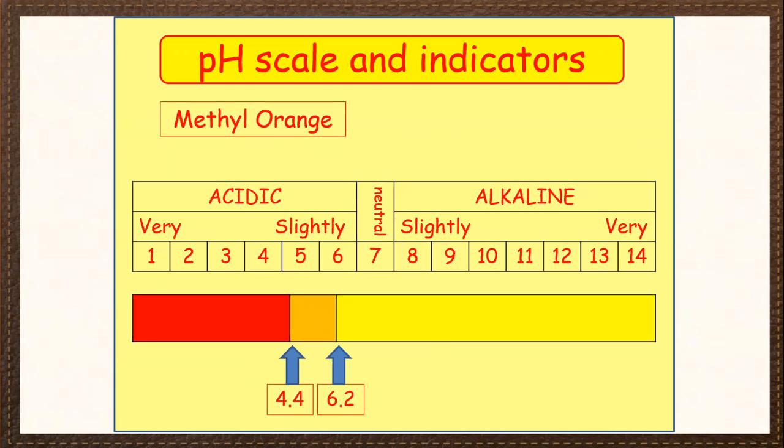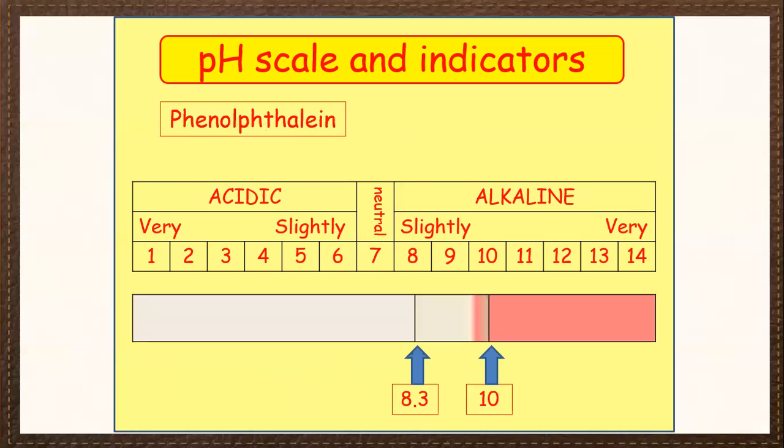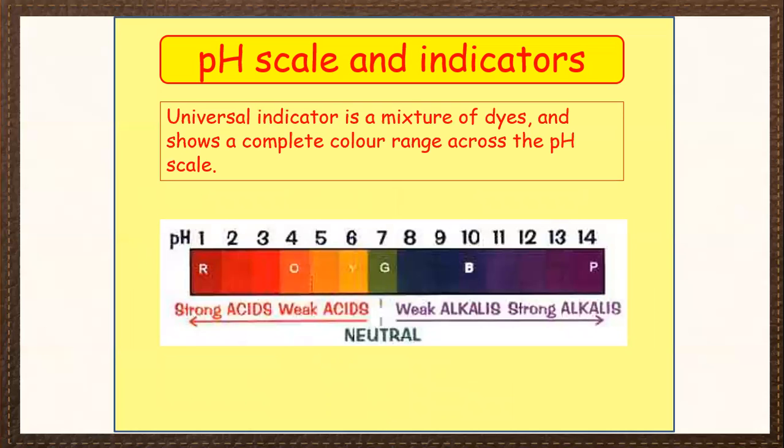Methyl orange indicator, see, slightly, 4.4 to 6.2 we have shown. So what is the indicator color and all we are observing. Like with strongly alkaline means pink color will come, 8.3 to 10. Universal indicator is a mixture of dyes and shows a complete color range across the pH scale.